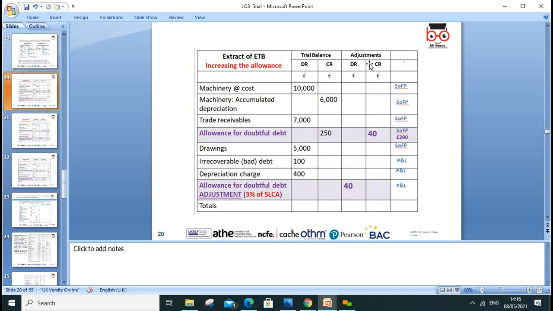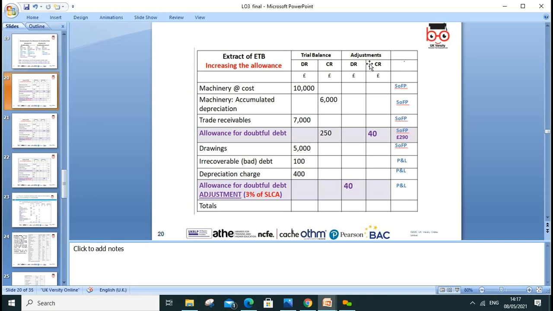So next we've been given the extended trial balance here, and then we have the adjustments there. So 10,000 is the machinery, 6,000 is accumulated depreciation. So our net book value will be the difference, and this goes in the statement of financial position after the minus, this is the net book value.